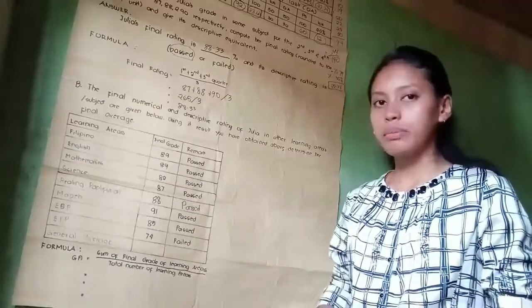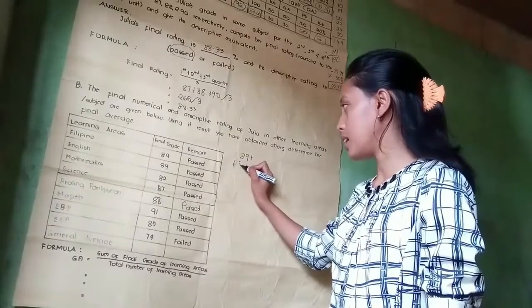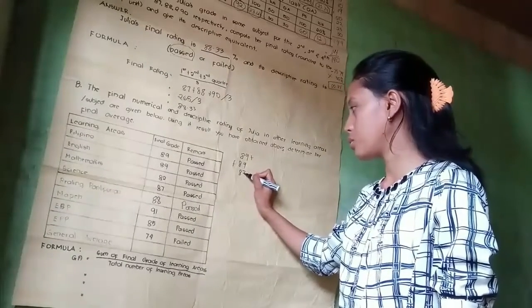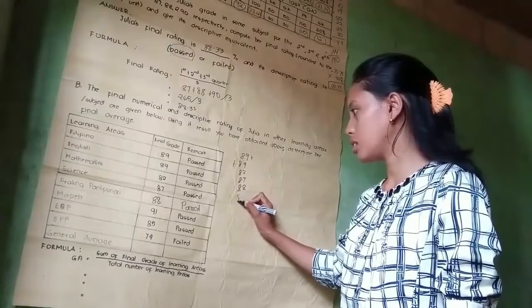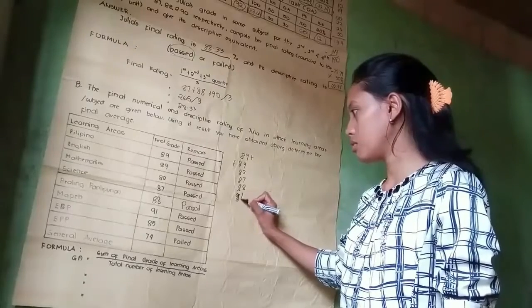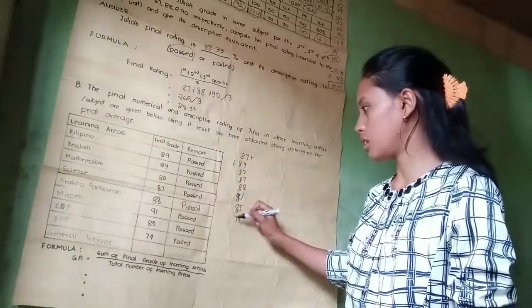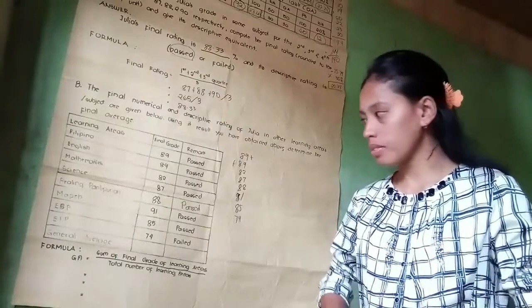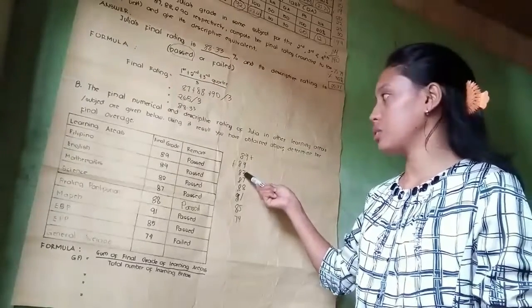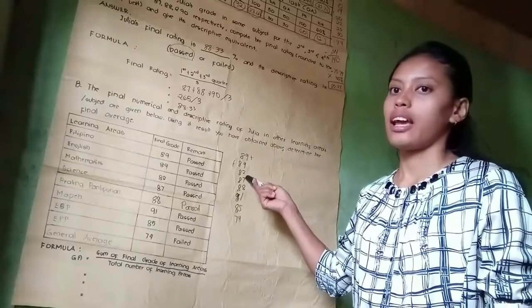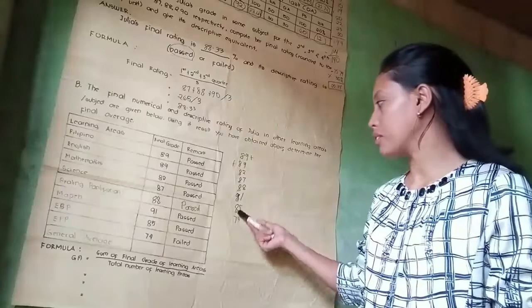So the grades would be 89, 89, 82, 87, 88, 91, 85, 74.